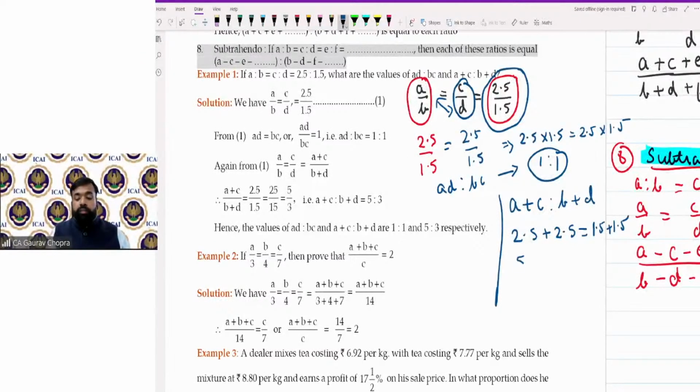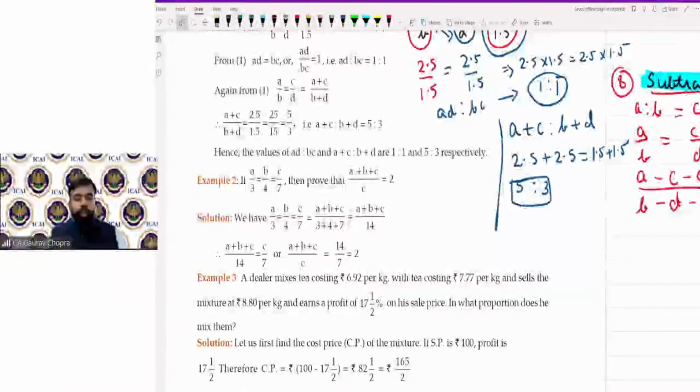So the final result will be 5:3. So this is A plus C ratio B plus D. All right. So this was example number 1.